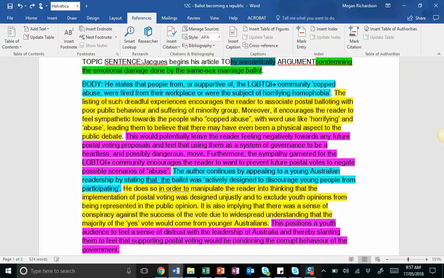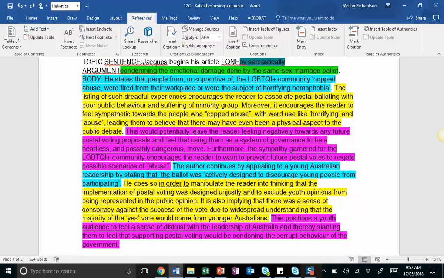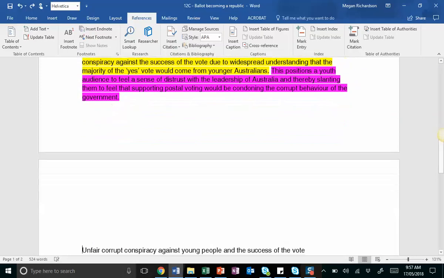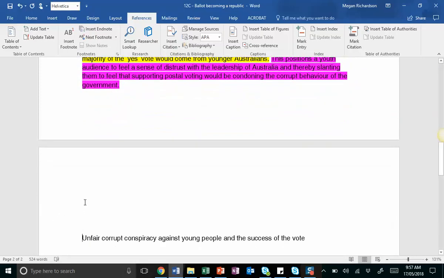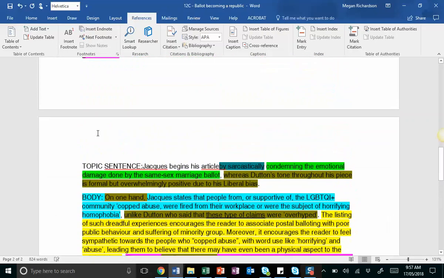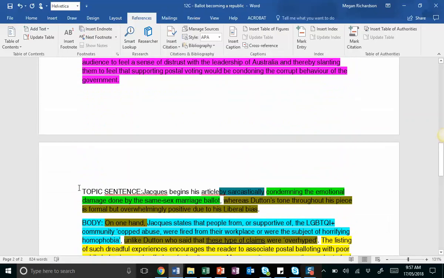Sorry, I just don't want to go too far. I think that's it. I'll paste the comparison one underneath, so that way you can see both, and it doesn't look too berserk. Okay, and I'll give it a heading.